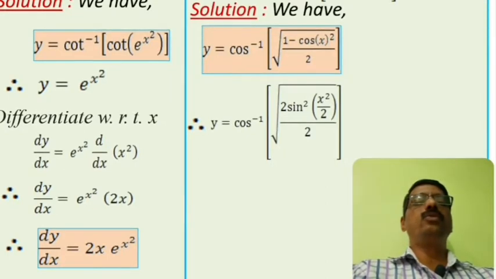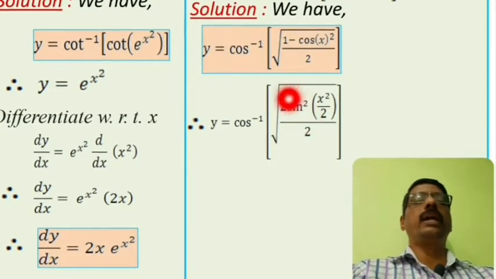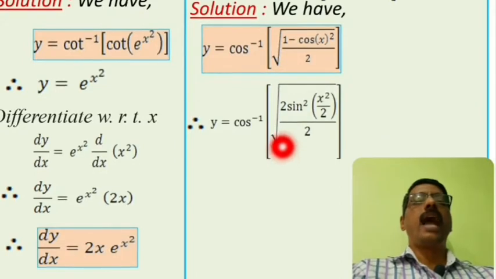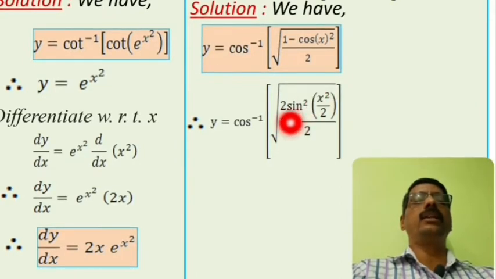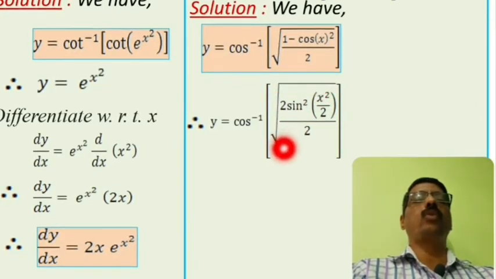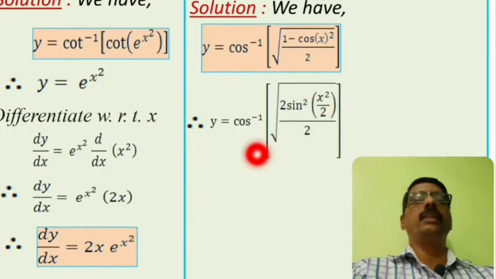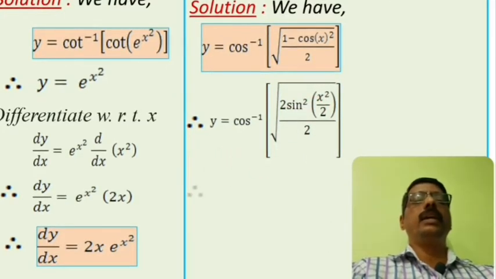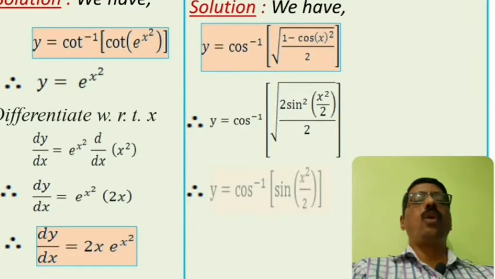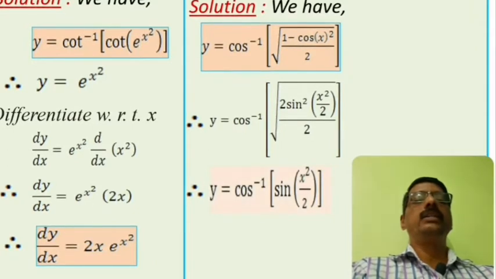Again, 2 in the numerator and denominator cancel, and taking the square root of sin square, root and square also cancel, and therefore the given function becomes y equal to cos inverse of sin of x square upon 2.